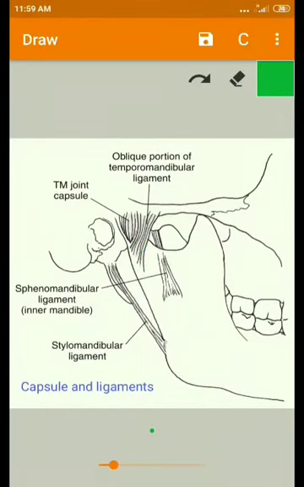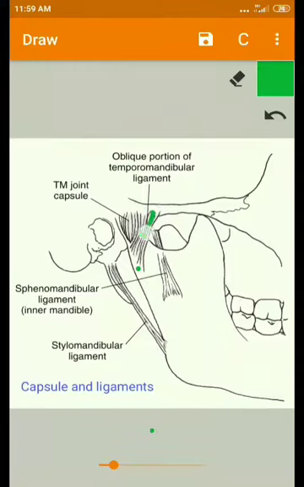So the temporomandibular ligament is one of the strongest ligaments and it is composed of two parts: the outer oblique portion and the inner horizontal portion. The outer portion attaches to the neck of the condyle and to the articular eminence or articular tubercle of the temporal bone.